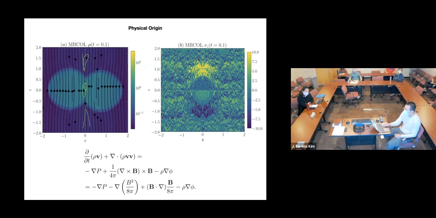Because these loops have a sharp turn, this sharp turn will have a magnetic pinching force on the gas, which comes from this term in the momentum equation. That force is pulling the gas to the central axis to form the filament, and pulling the gas away from the two sides.